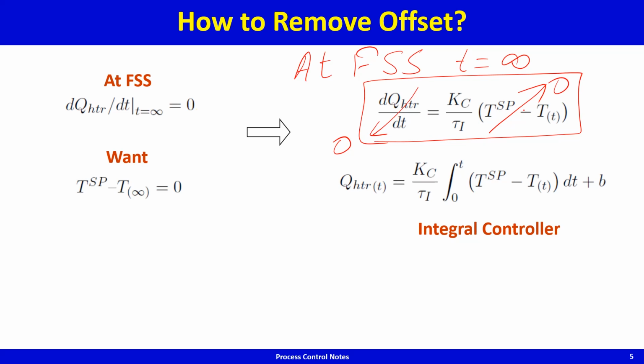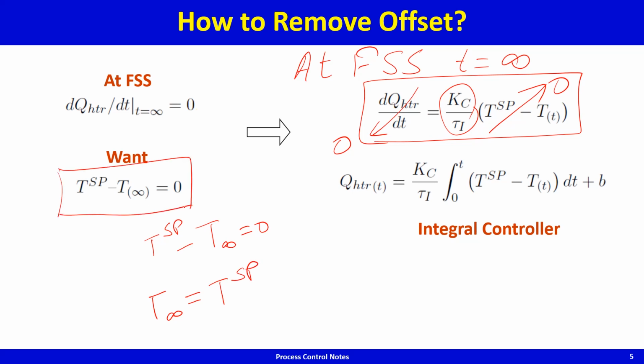So what that means is Kc by tau I is a positive constant. What that means is T set point minus temperature at time t equal to infinity must be equal to 0, which implies the temperature at time infinity is equal to T set point, which implies this.